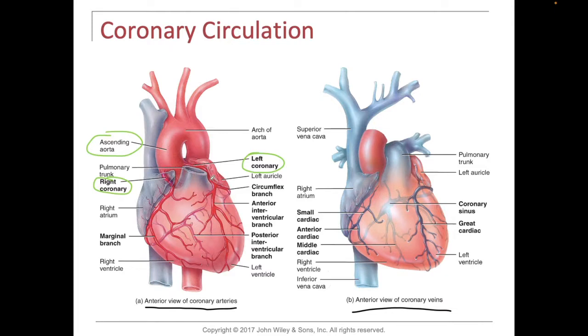So off that left coronary, when we follow it down to the front, we can see the anterior interventricular artery coming right down this way. Off the right coronary artery, we could see that we have a marginal branch that comes off this way.